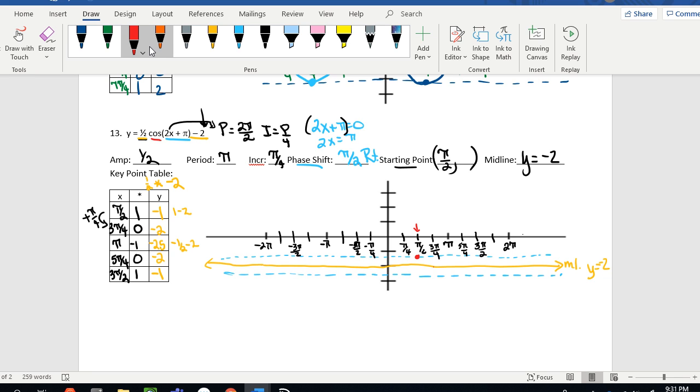It goes back to -2. So now I'm on the midline. Since I started on the top, I go to midline and then down to pi and then up and up. And here we go. This was a positive cosine.